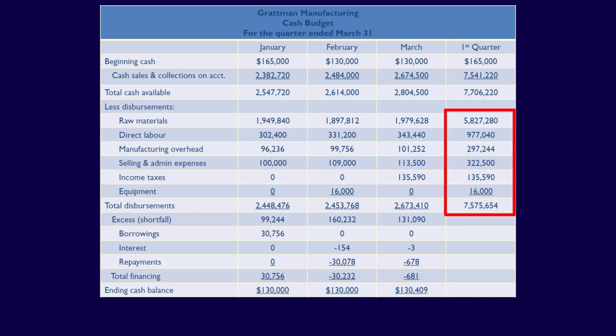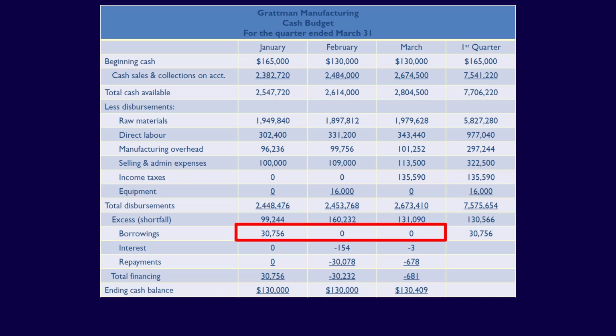We already have our total cash disbursements, so therefore we can calculate the excess or shortfall. $7,706,220 minus $7,575,654 is equal to an excess of $130,566. That's the excess cash for the first quarter.